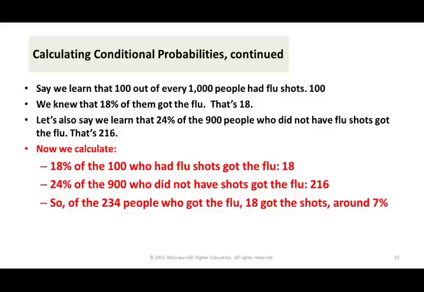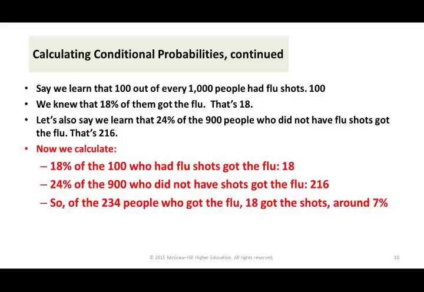Now we want to know the percentage of people who didn't have flu shots that still got the flu. We know that 18% of the people who did have the flu shot got the flu, but we need to know how many of the 900 who didn't have flu shots got the flu. And let's say we know that that's 24%. That's going to give us a number of about 216.